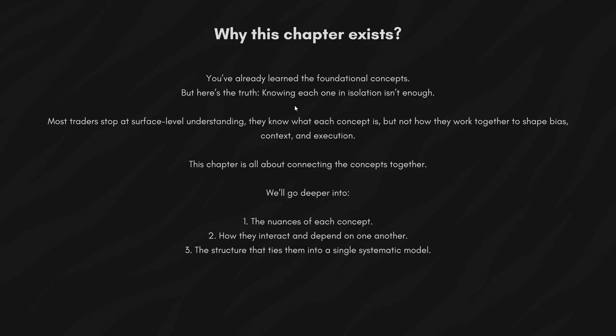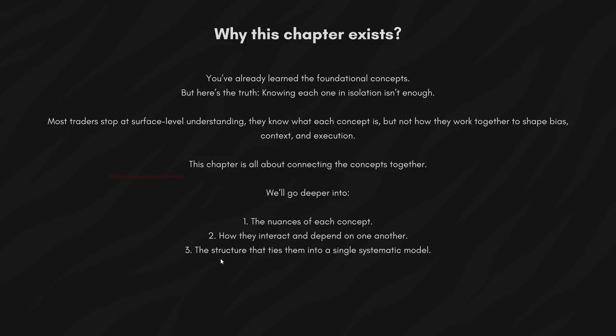Okay, and to fill that gap and to fill that void, I've made this chapter. Okay, this chapter is going to be all about connecting the dots together, or connecting the concepts together. And within this chapter, we will dive deeper into how these concepts interact with each other, the nuances of these concepts, and how they are dependent on one another.